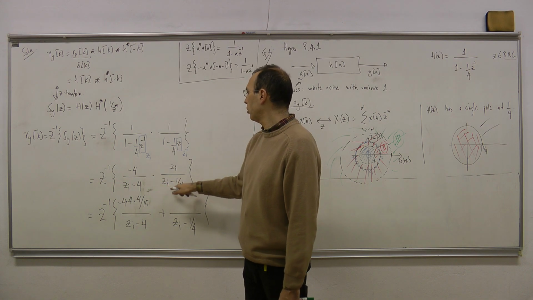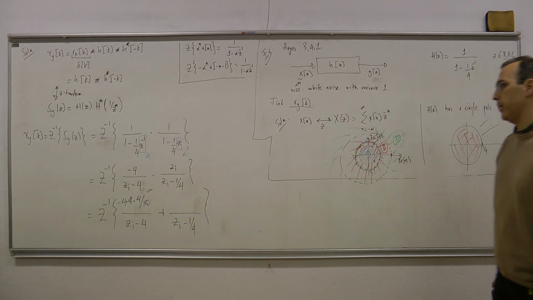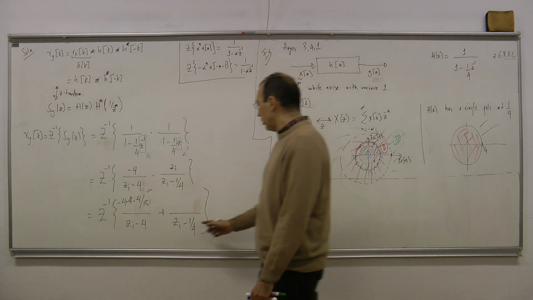I'm inserting 4 instead of z inverse. So 1 over it is 4 over 15. Okay, that is it.